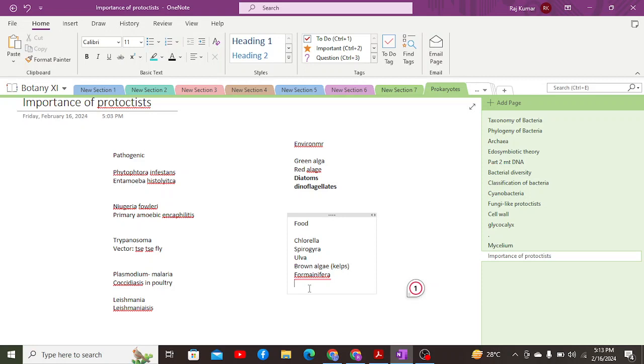This shows that foraminifera are the major sources of limestone deposits within the ocean.